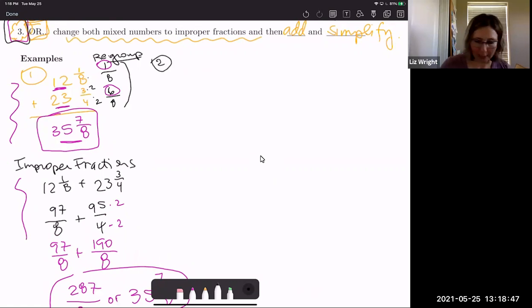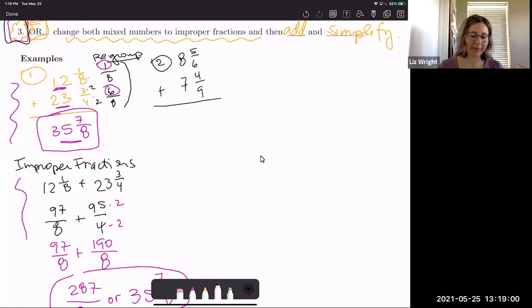So the next one we're going to check out is 8 5/6, and we are going to add 7 4/9 to that. So 8 5/6 plus 7 4/9. First, what I would look at is what our common denominator can be.